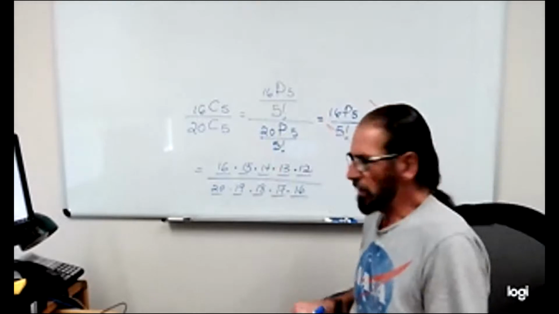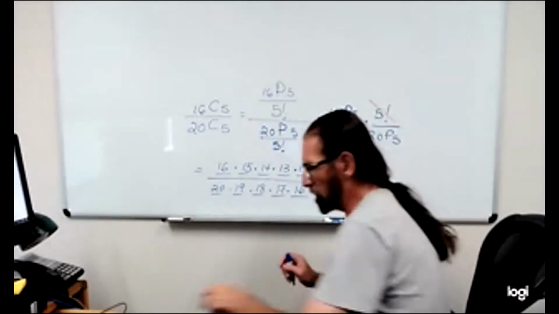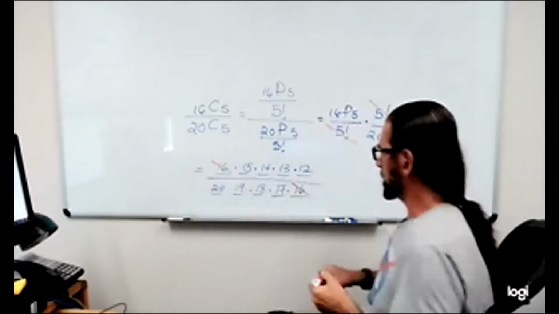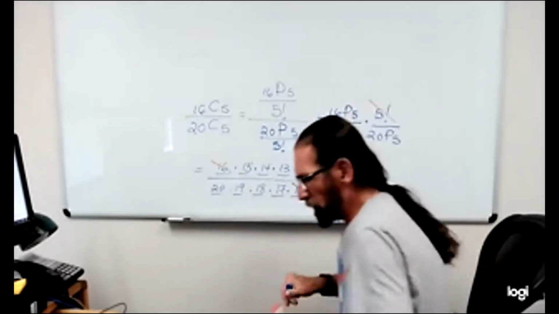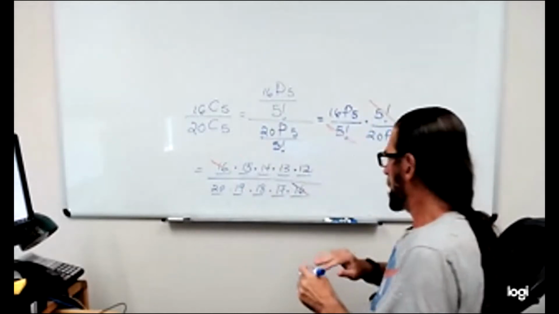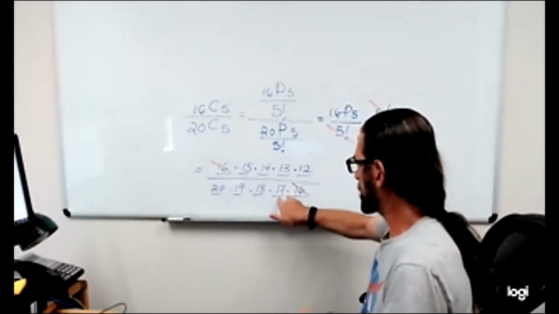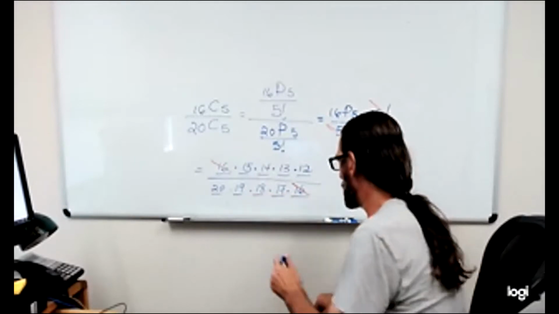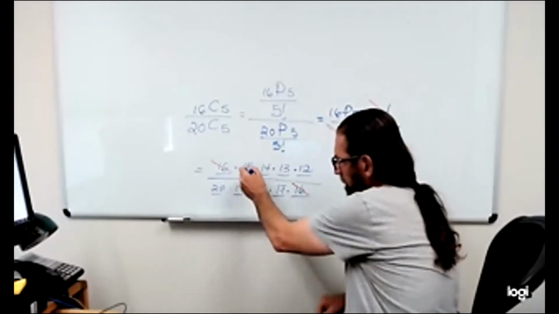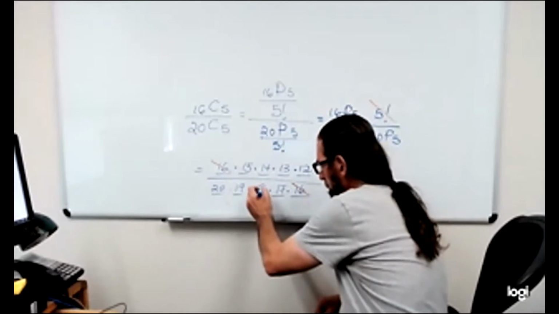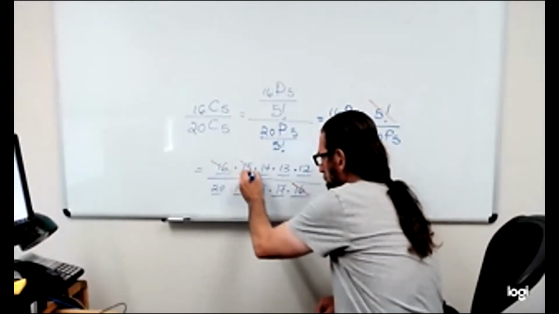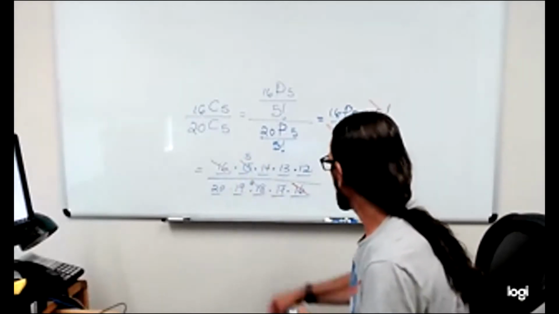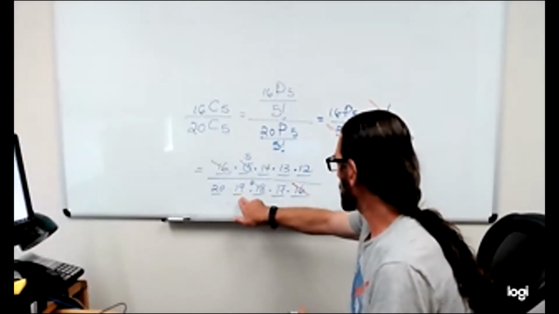Now, if we had to take this further, we could do some reducing. 16s cancel out. 17's prime, so we can't do anything with that. 18, we could divide 15 and 18 by 3 to get 5 and 6 respectively. 19 is prime, we can't do anything with that.